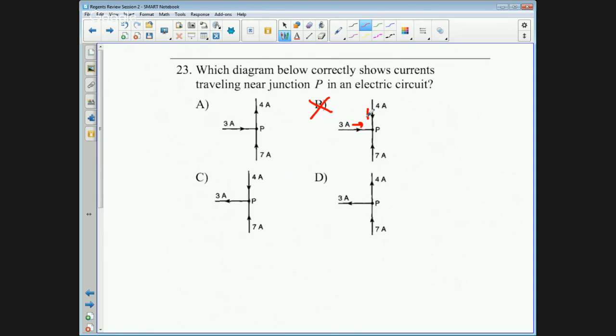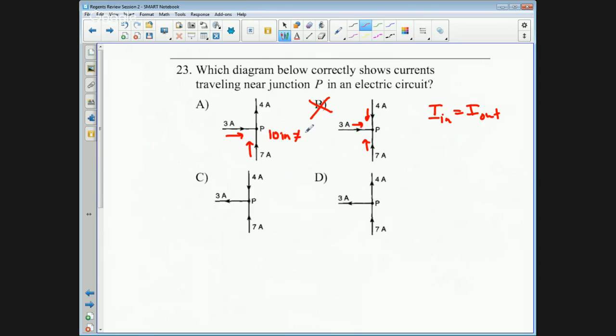This is going in, this is going in, this is going in. There's no out. So that has to be eliminated. This one actually can't exist. Now we need to know that the current going in equals the current coming out. So this is 3 going in, and this is 7 going in. So that's 10 going in.